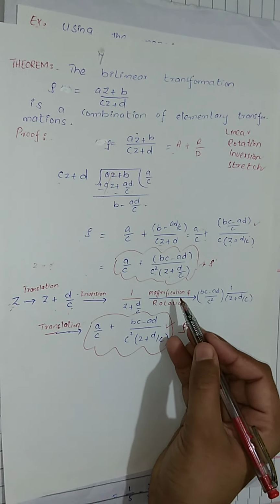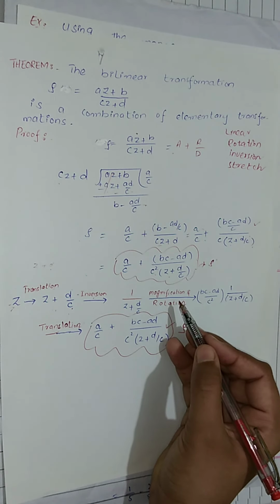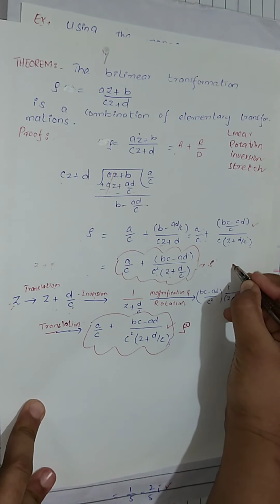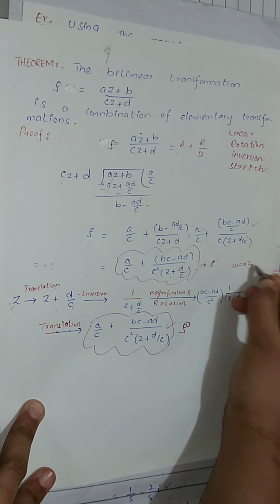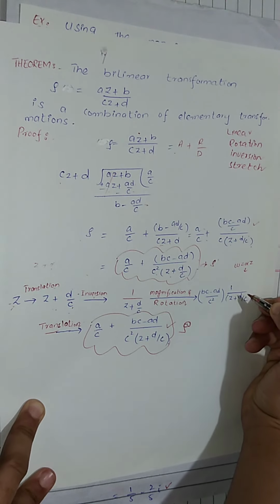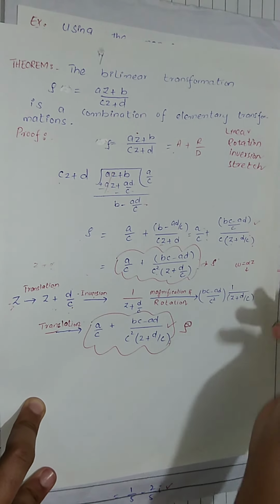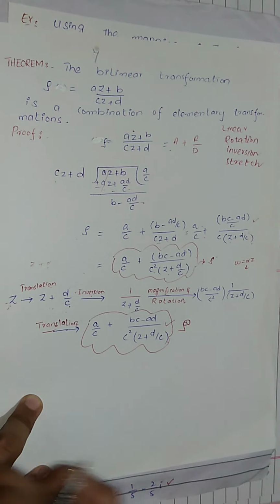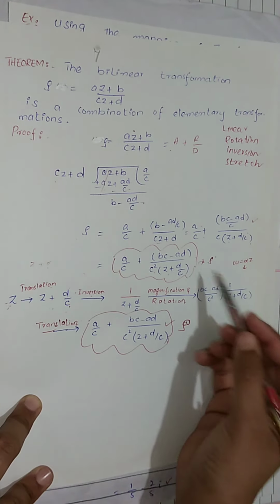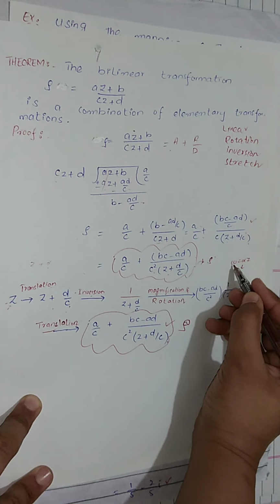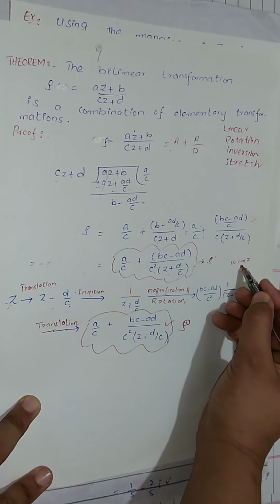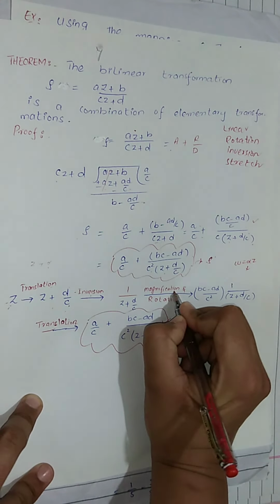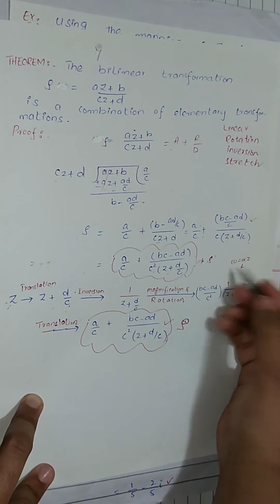As we discussed in the previous lecture, if we have a magnification W is equal to alpha Z, and we take alpha as a real number, then we magnify our graph into the sigma or W plane.